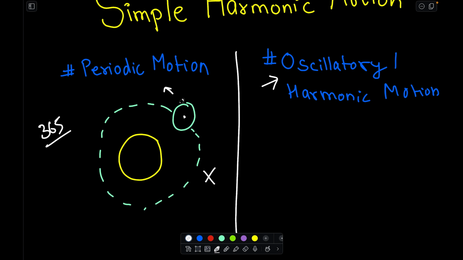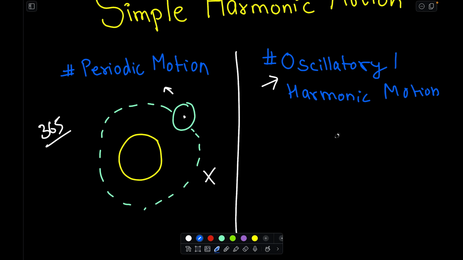For a body to have oscillatory motion, it should move to and fro about its mean position. That is the number one requirement for oscillatory motion. But if we look at this planetary motion, the earth is not moving to and fro. It's just revolving around the sun, moving in circles, it's not to and fro.